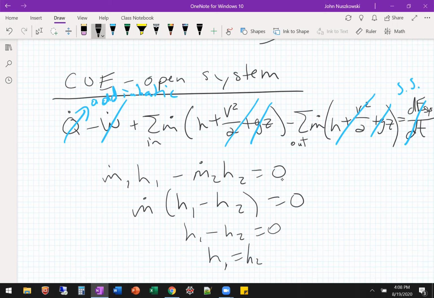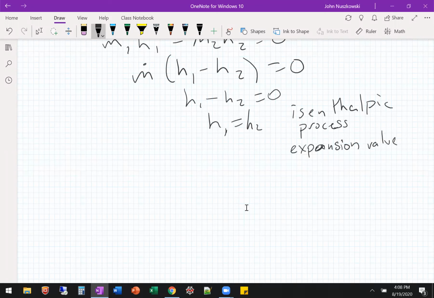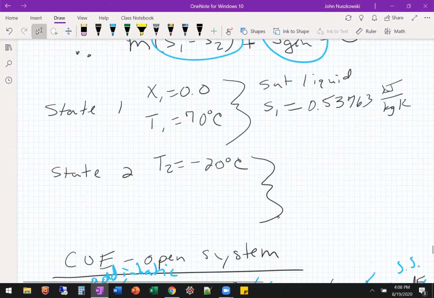And this is an isenthalpic process. We'll be using this a bunch in refrigeration cycles. This is like an expansion valve; a cheap expansion valve is a capillary tube. So that means we come back up here, we have enthalpy 2 equal to enthalpy at 1, so we can get the enthalpy at 1.